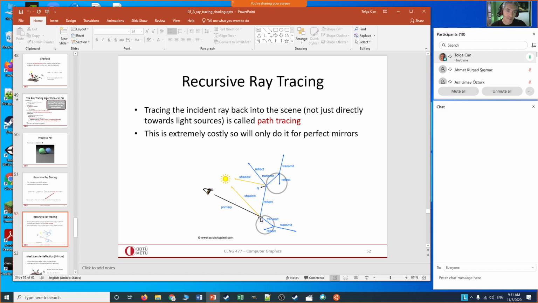So the threshold we used for t, which was that t should be greater than 1 because we can only see objects that are in front of the image window, doesn't apply to these reflected rays. Because in the reflection part, there is no image window that is a certain distance away from us. So we should be able to see objects that are very close.